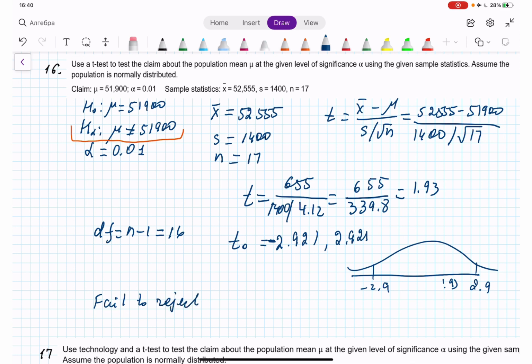Fail to reject the null hypothesis, and there is not enough evidence to reject the claim.